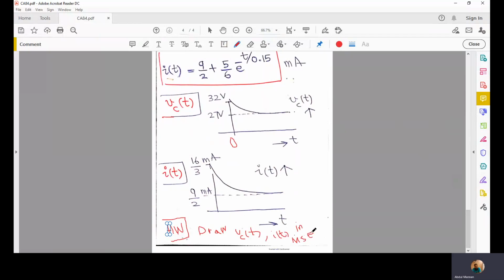You have to draw these two graphs for different values of t, and you will have to submit that Excel file in MS Teams in an assignment I'll create today.